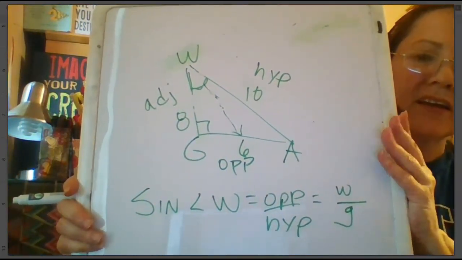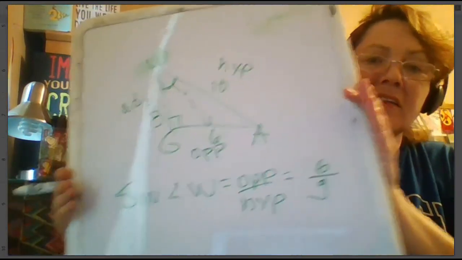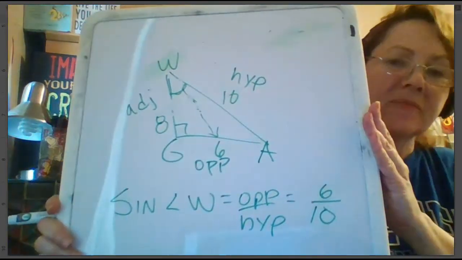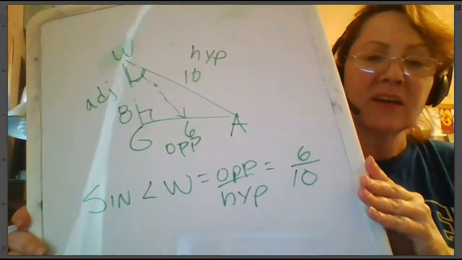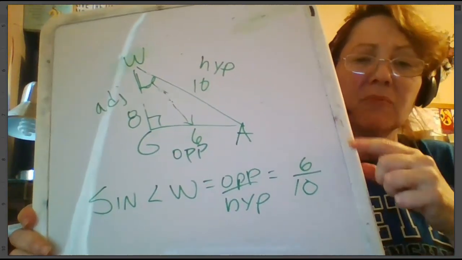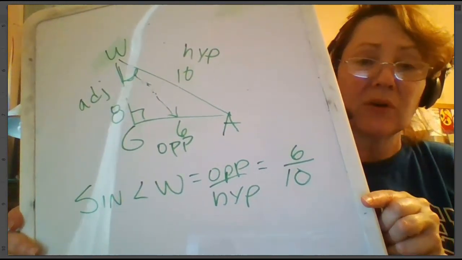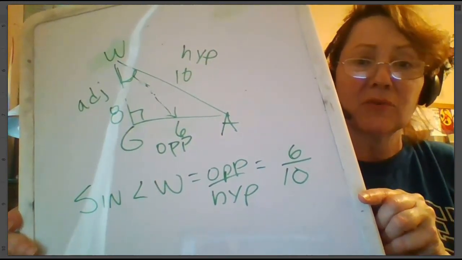And then instead of having that W, I could put a 6 here, right? Because that's my opposite side. That's less confusing. And then 10. And you don't have to reduce it if you don't want to. So again, if you're really confused about this, just make up your own triangle, make up your own numbers, because that's less confusing, and then tell me what the different trig functions of one of the angles are.